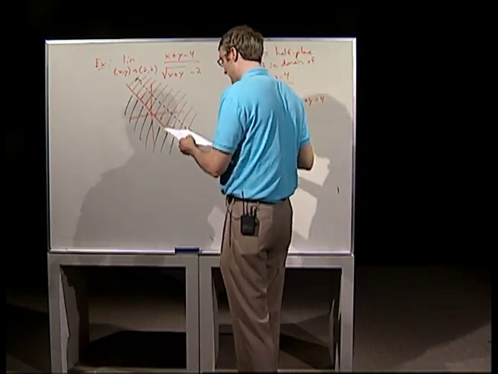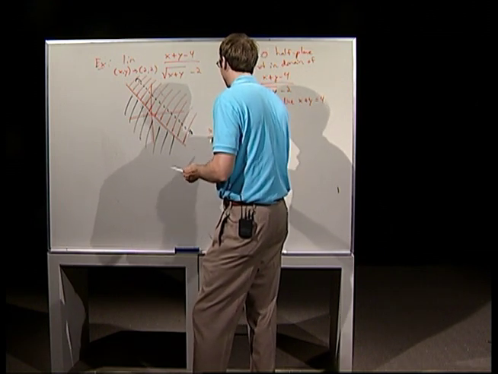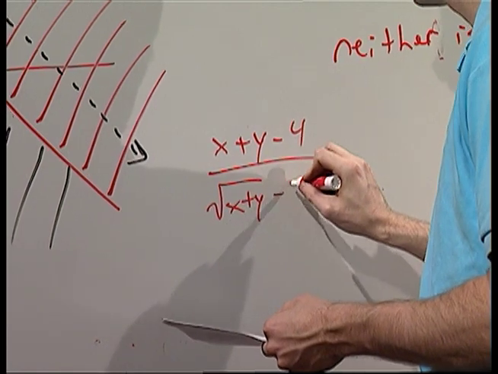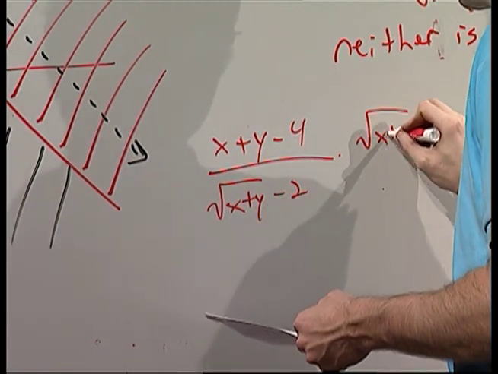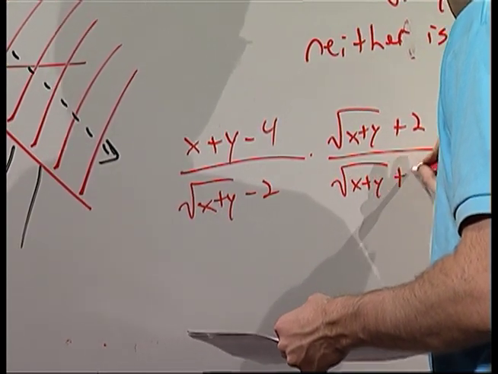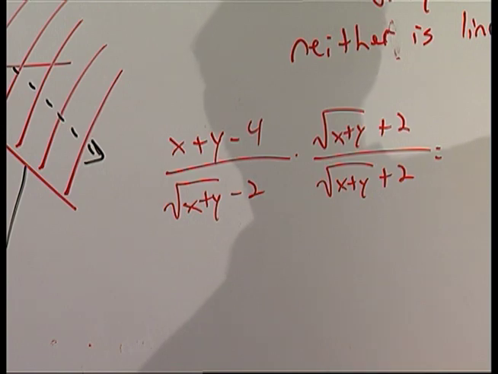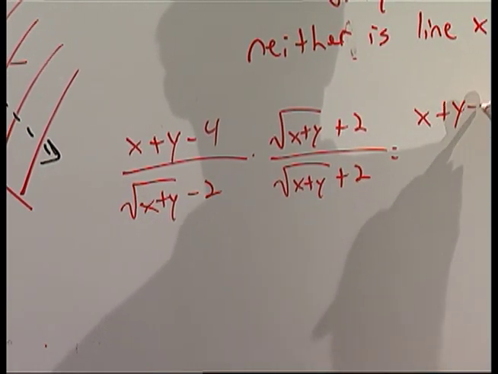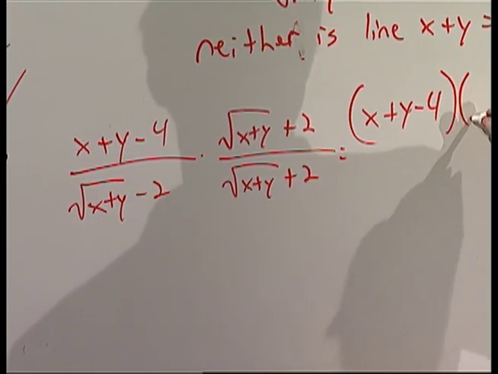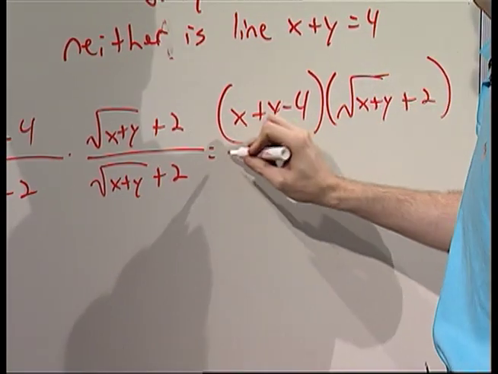So how do we handle this guy? We see this function, and we use conjugate pairs here. The conjugate of this is square root of x plus y plus 2. In the top, something nice does not really happen. You get some junk, which I will not attempt to factor.